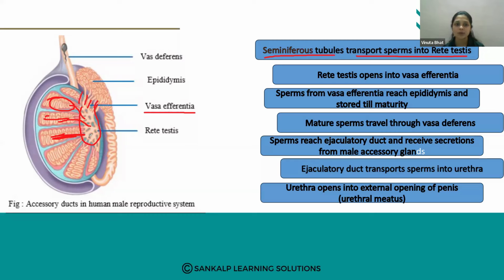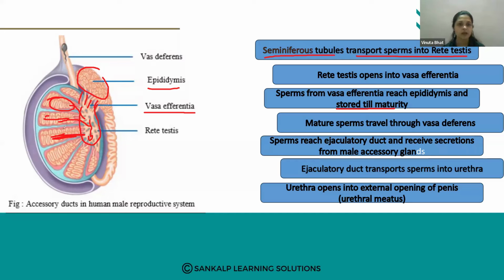From the rete testis the sperms move to the vasa efferentia, and next they reach the epididymis. The sperms reach the epididymis and are stored till maturity. So this is the epididymis. In this diagram you can understand this clearly.